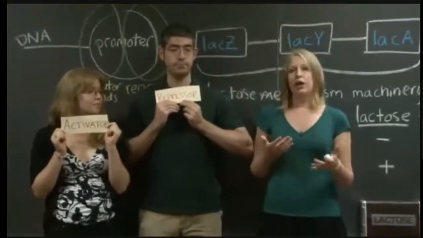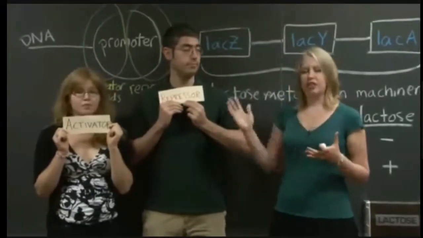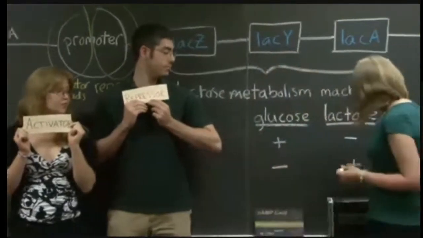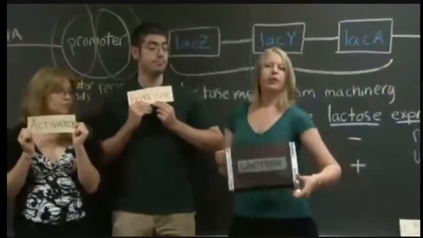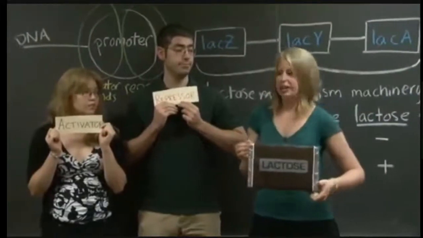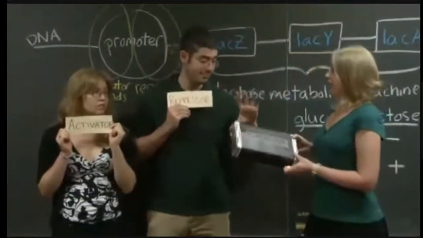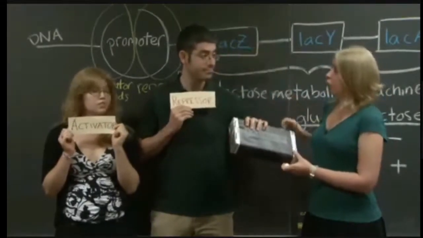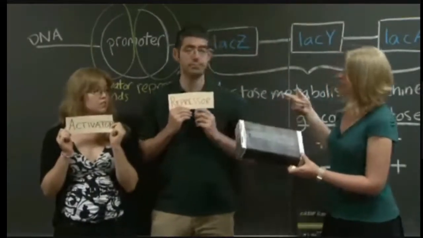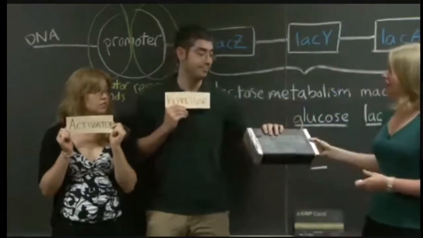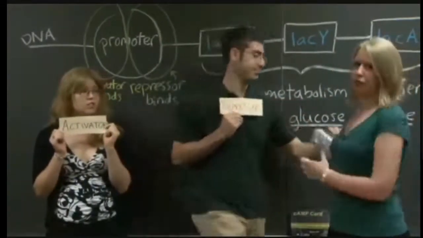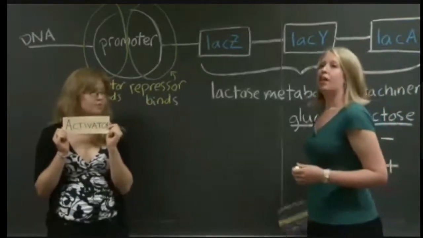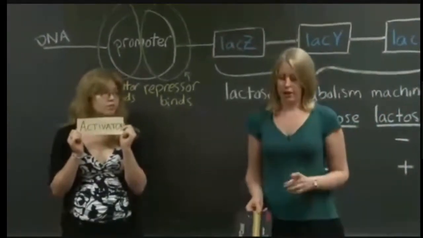So how can the E. coli regulate when the repressor and activator are bound to the promoter? Well, when we have lactose in the system, I have lactose right here. The repressor is able to bind lactose. The repressor only binds to the promoter when there's no lactose, and when binding to lactose, the repressor comes undone from the promoter. How does the cell tell whether there's glucose in the cell or not?